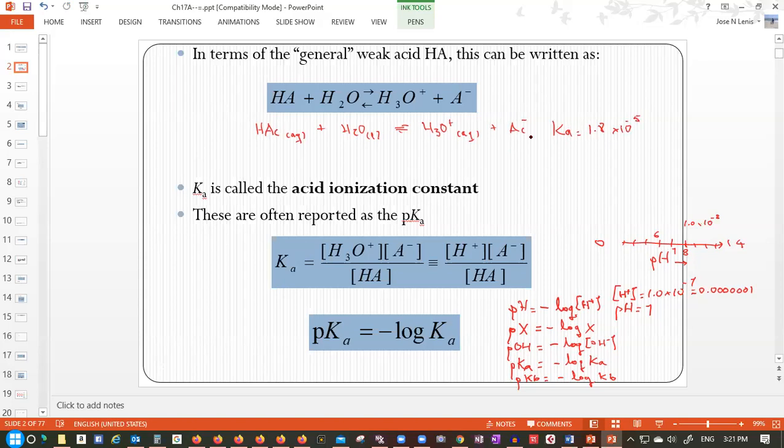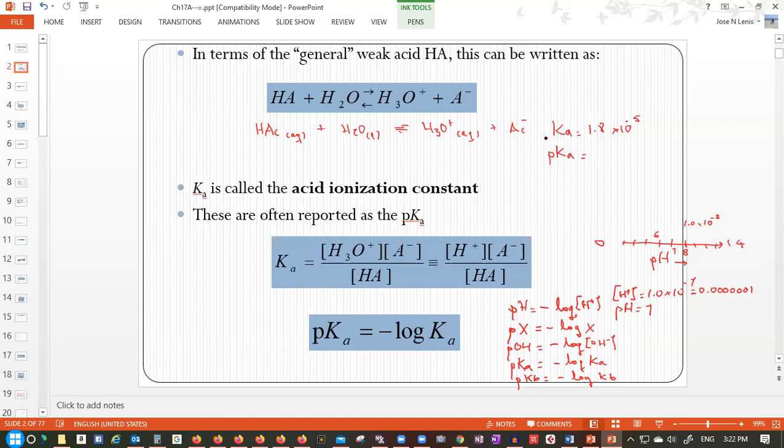So sometimes it's more convenient if we use pKa instead. On the table, sometimes you won't find pKa's, only Ka's, or sometimes you will find only pKa's, no Ka's, to show the extent of that equilibrium.